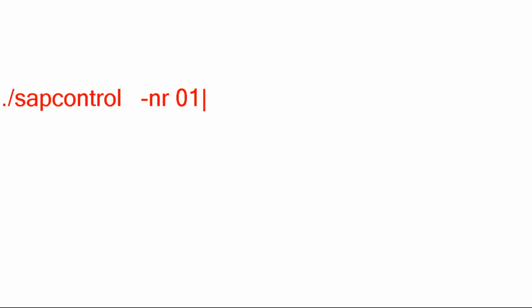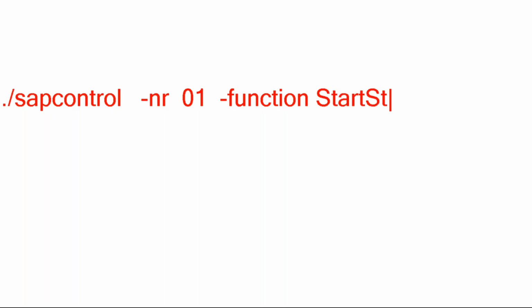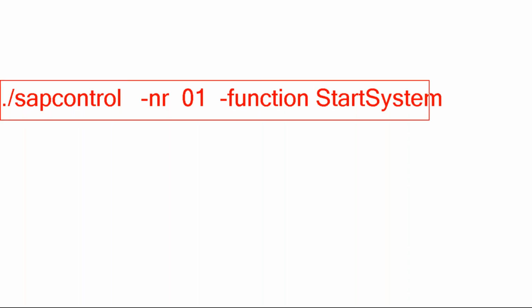What is instance? We'll discuss, already we discussed. 01 is the instance number. Hyphen function, start system. So this is a command we need to use. To start SAP in Linux, we need to use this command.